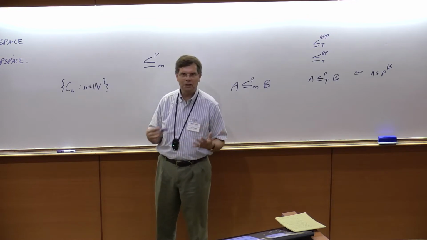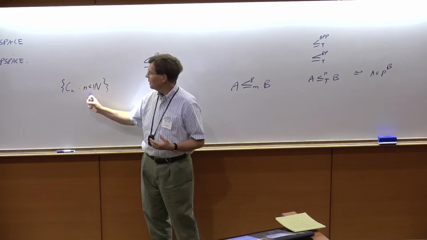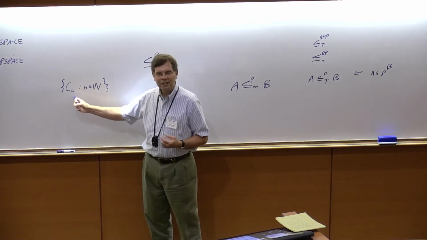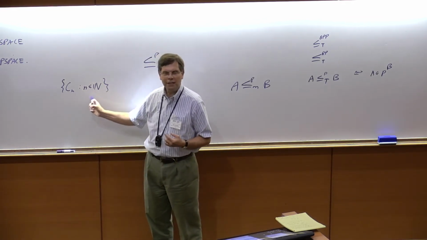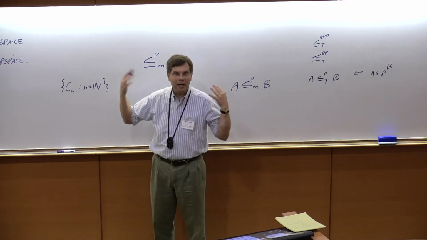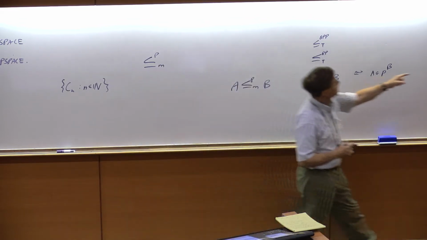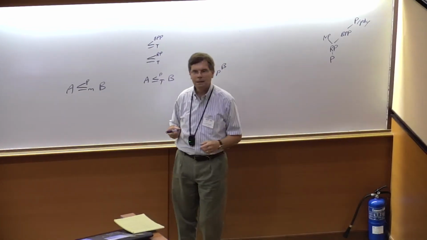We can build circuits quickly from an efficient algorithm. But you can have an efficient piece of hardware for each input length without necessarily having any way to build the circuit. And that's what this class P/poly is.